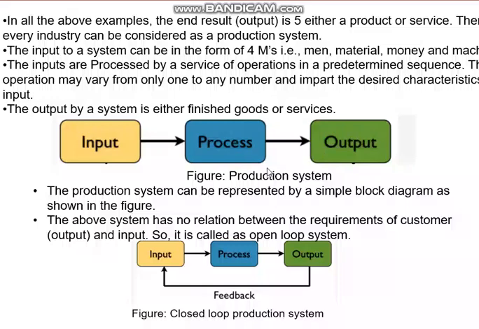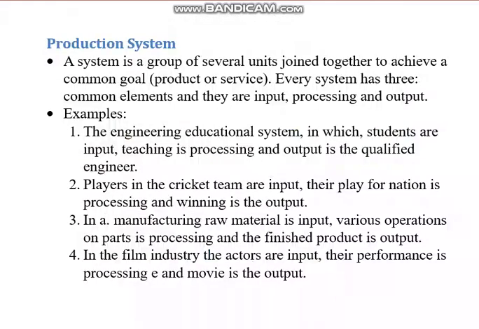This is how a production system normally is. Any system has these three common elements: input, processing, output. Now, what is the process? Process is like some black box.